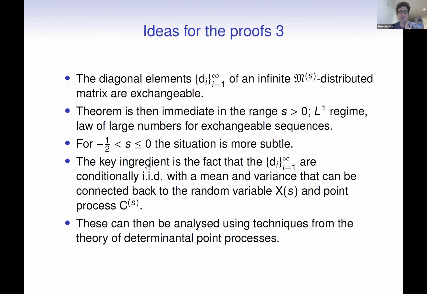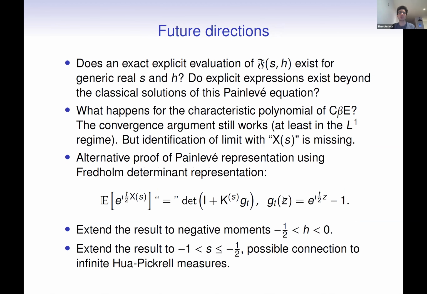This thing doesn't exist, so the argument here needs determinantal structure, so you cannot get it in this range. But when s is bigger than 0, the argument works. But somehow this is not known. What's the analog? The analog of this should be some kind of principal value sum of the beta ensemble point process for Hua-Pickrell, and that's not known.